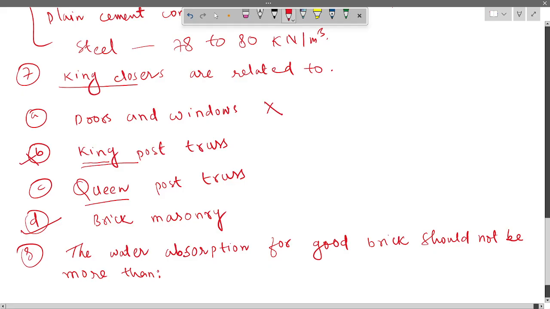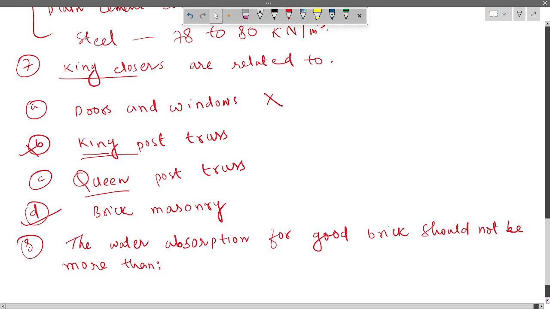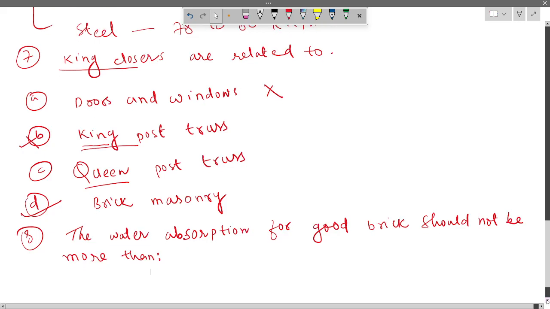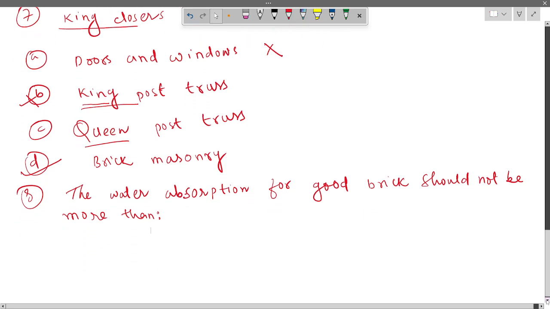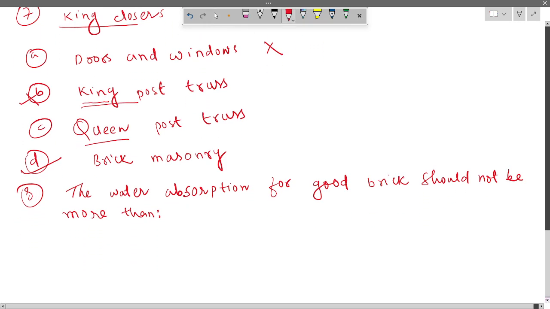It varies between first class, second class, and third class. So in this question you are asked about the good brick. Good brick means first class brick.